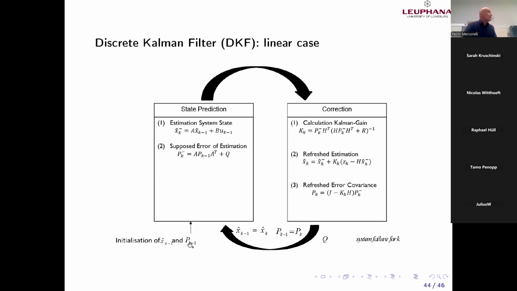I need to start with P0. Here it is not well written, P0 is not there, but try to imagine. It's the initialization of x k minus 1 and p k minus 1. This means x hat 0 and p 0.